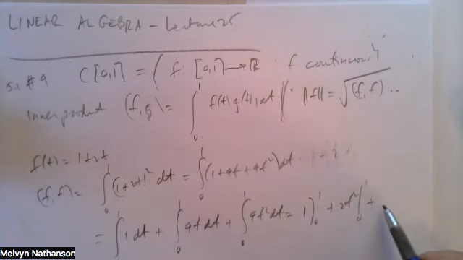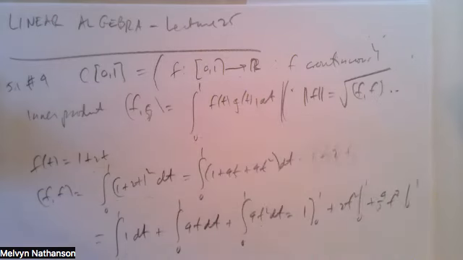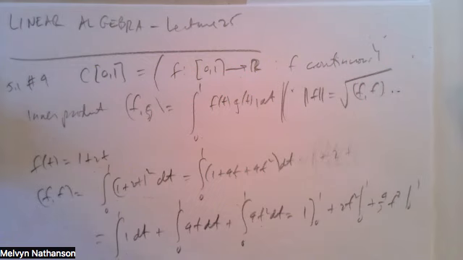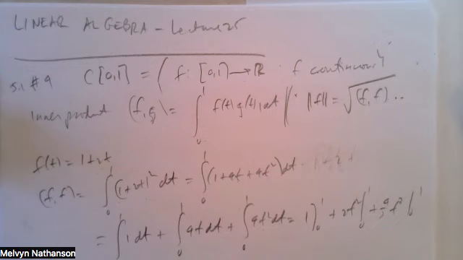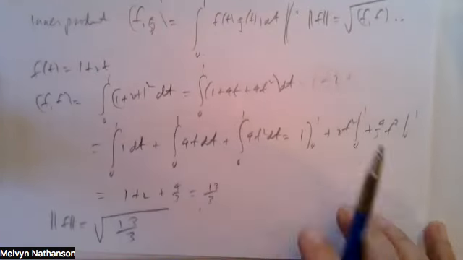The integral of 4t squared is 4/3 t cubed from 0 to 1. So this is 1 plus 2 plus 4/3, which I believe is 13/3. So the length of this vector v is the square root of 13 over 3.